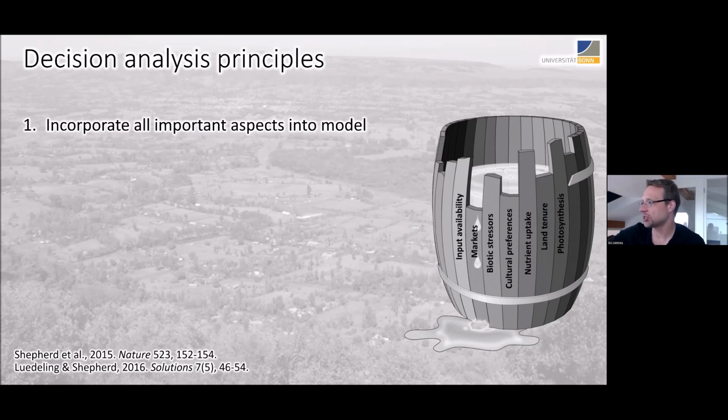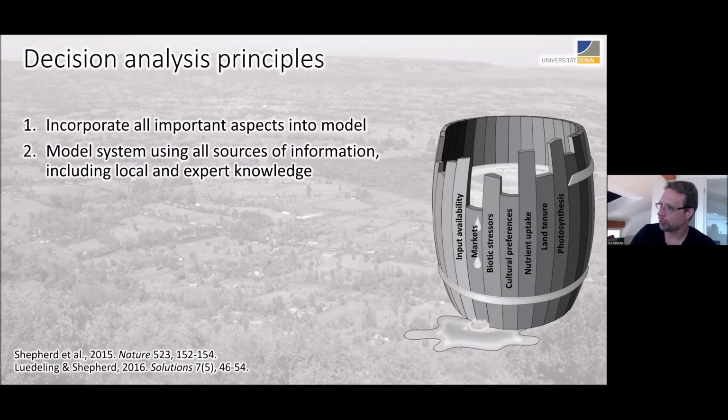These different staves, the boards on the side, represent different things that we can include in a model. As you can easily see, it doesn't make much of a difference if we find out more and more on input availability if we don't close our knowledge gaps on the markets. So basically, everything needs to be considered. Everything needs to be somewhat represented for the model to actually be useful.